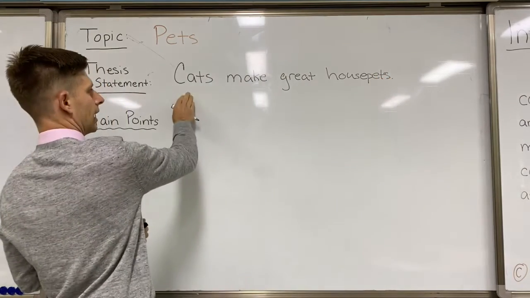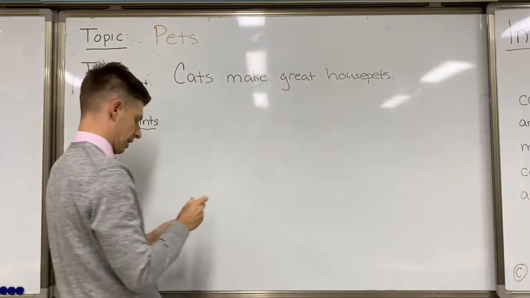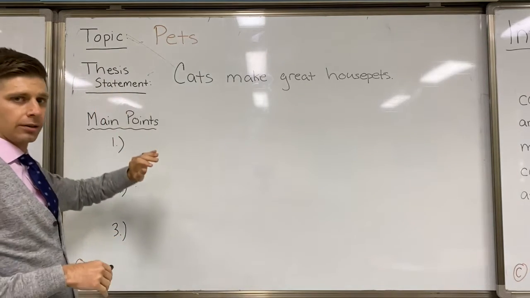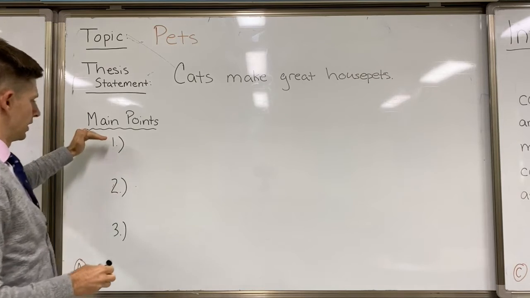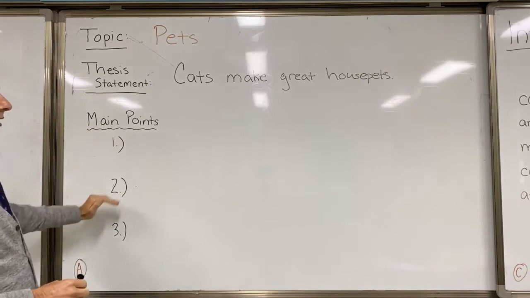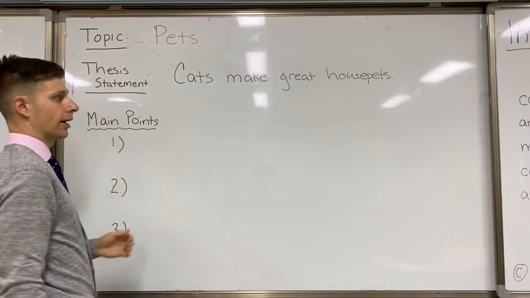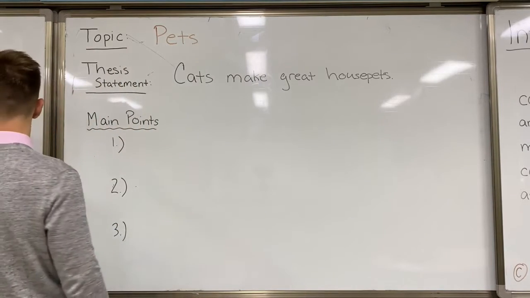Okay, so cats make great house pets. So if that is our thesis statement, that's the argument that we want to make, then we need to have 3 points that will support that thesis statement. So why do cats make great house pets?